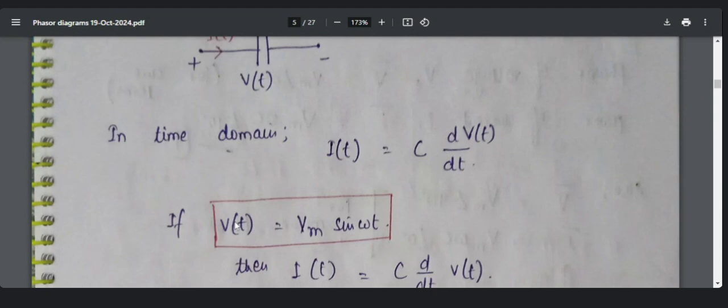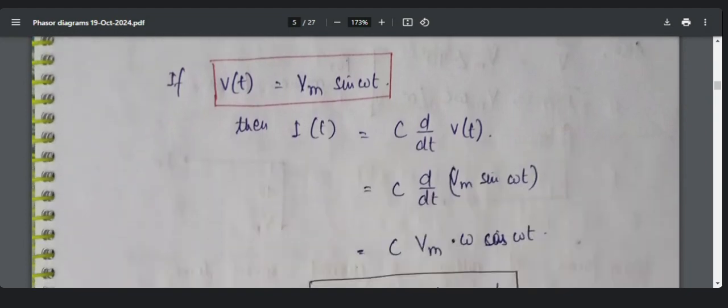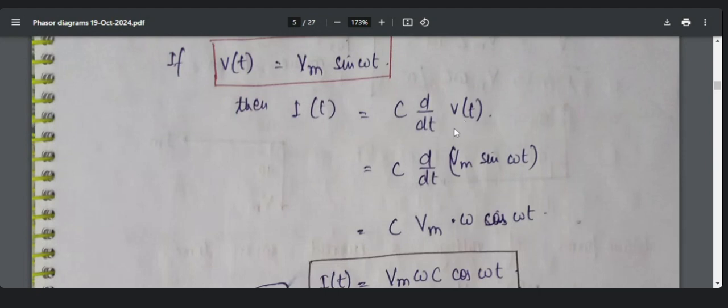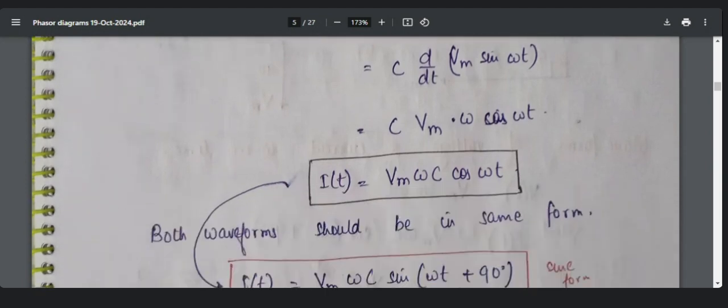If we are considering v(t) equal to Vm sine omega t, then i(t) is equal to C d by dt of Vm sine omega t. Vm is a constant, so it will be outside. And d by dt of sine omega t is omega cos omega t. So here we could see that i(t) is equal to Vm omega C cos omega t.